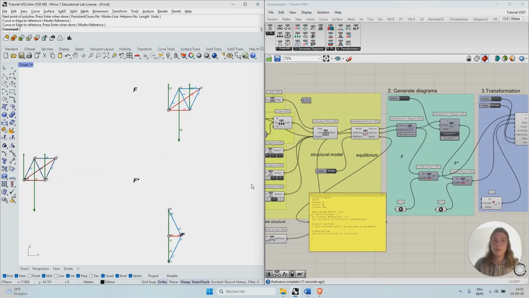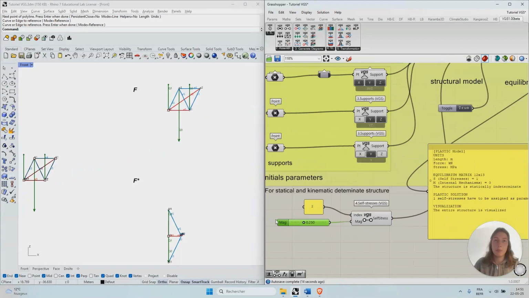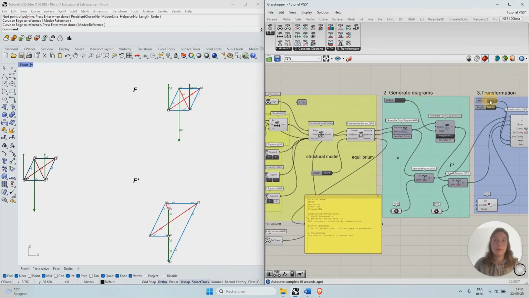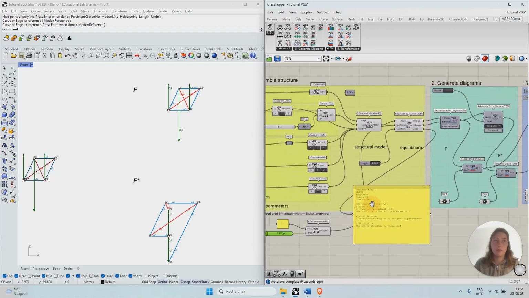Here. I can also modify the value of the self-stress, for example, 5. And we see that the force diagram is changing.